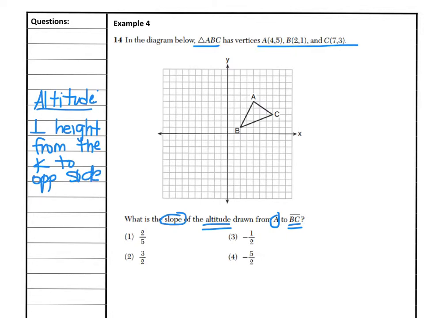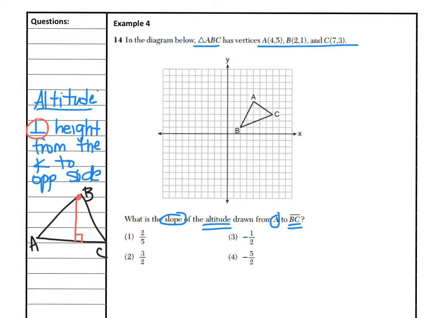So for instance, if I were to draw out a triangle here like this, then if I named it triangle ABC, then the altitude would be, if I connected it from B to the opposite side, it just has to be perpendicular. So there's that key there. So we're looking for a perpendicular line that would be drawn.